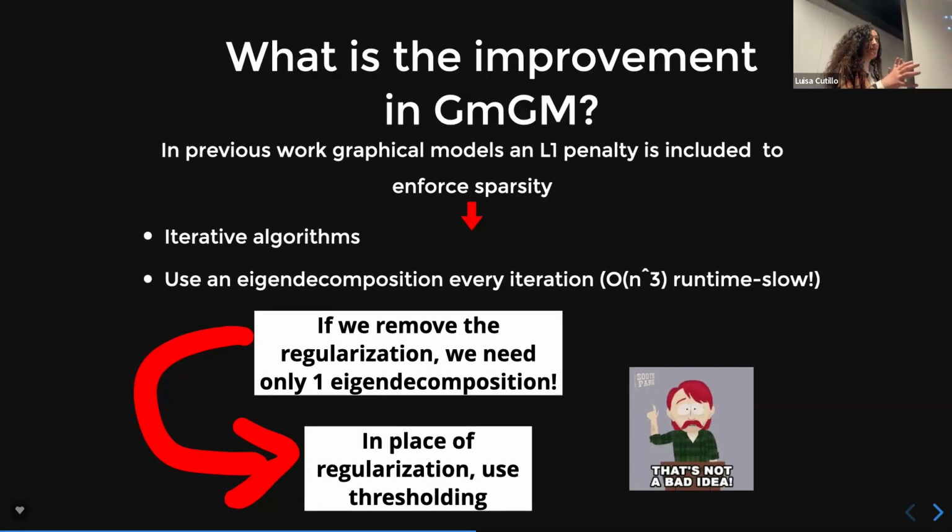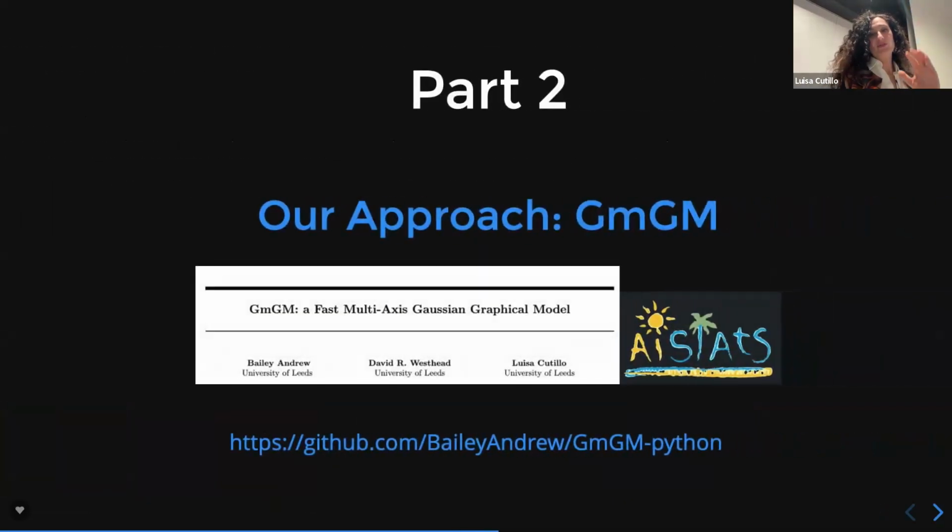So there's still an iterative part. In practice, there is the eigenvector decomposition, and then we iterate over the eigenvalues. That was just in one slide, the main idea of this work. And now I will give more details about this approach.